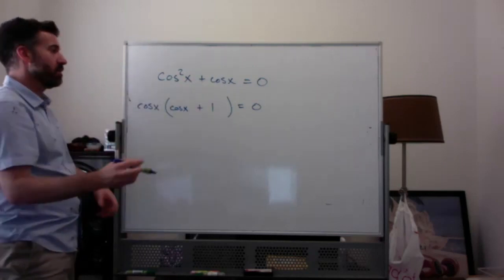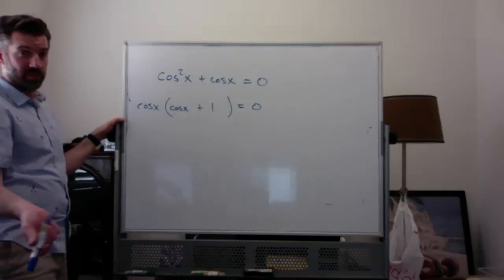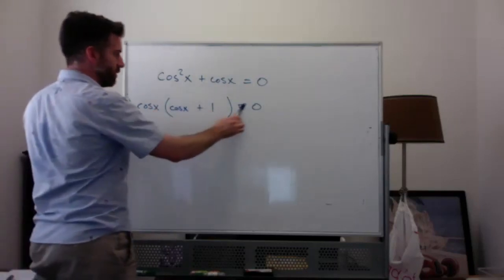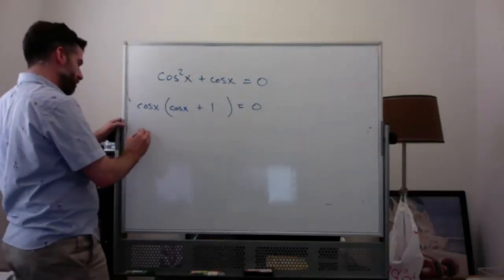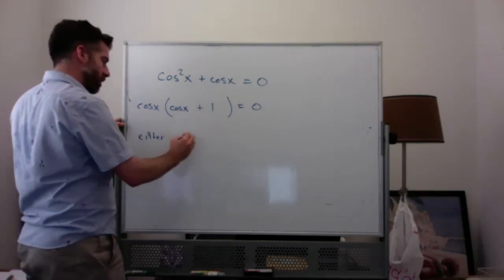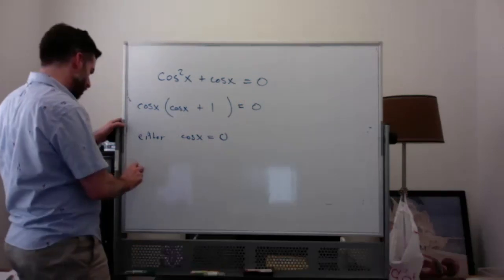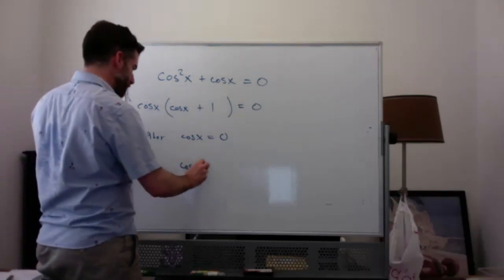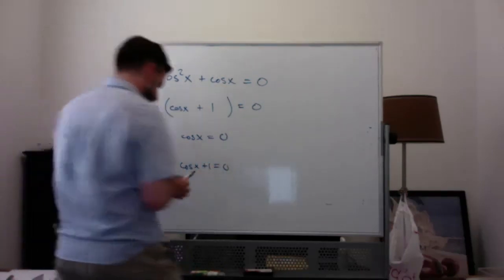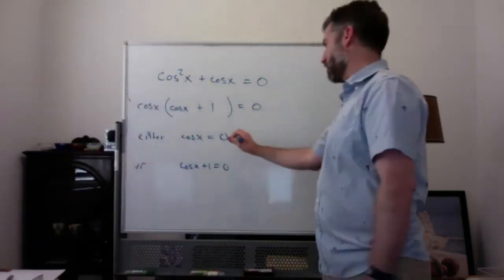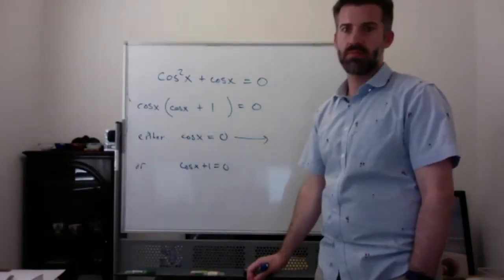And then we're going to use the zero product principle and say, well, if this times this is equal to 0, then either cosine x equals 0 or cosine x plus 1 equals 0. So where does cosine equal 0?